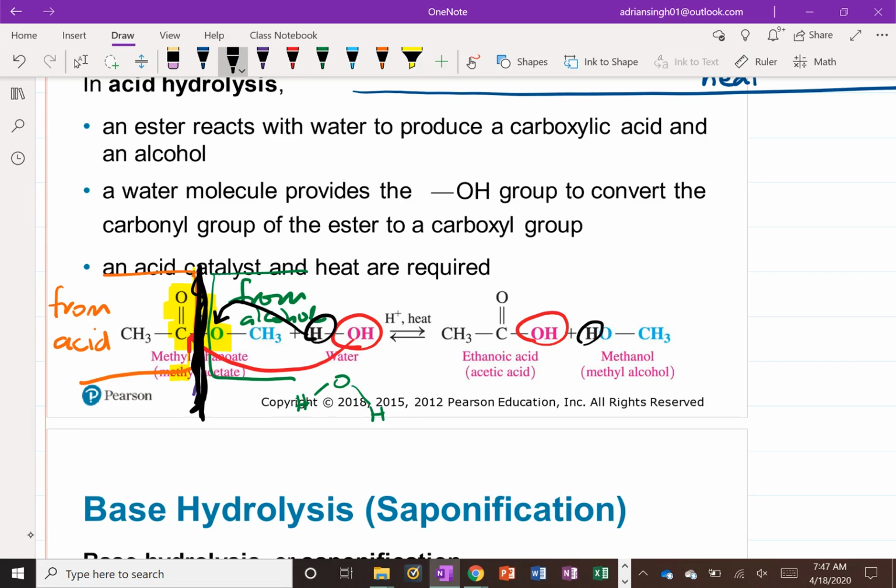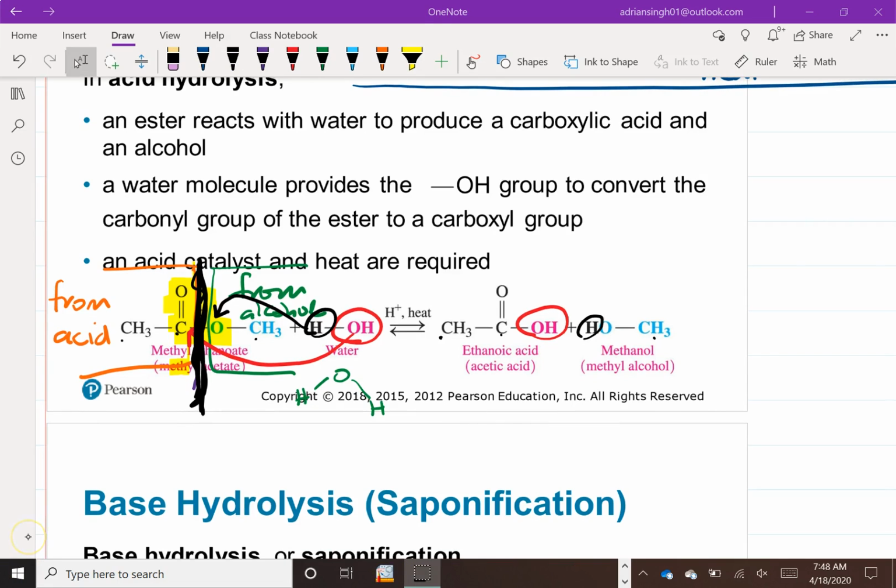That's where it's being broken. The products we get would be the original 2-carbon carboxylic acid, which is ethanoic acid, and a 1-carbon alcohol, which is methanol. So that's the acid hydrolysis of an ester. It's just the opposite of esterification, and we get the original carboxylic acid and the alcohol.